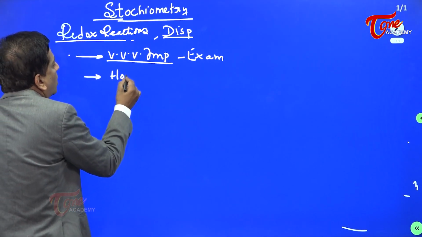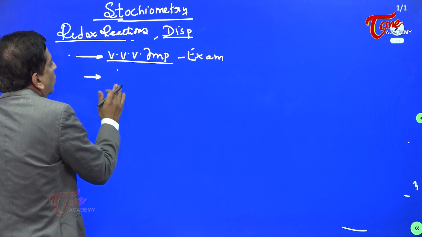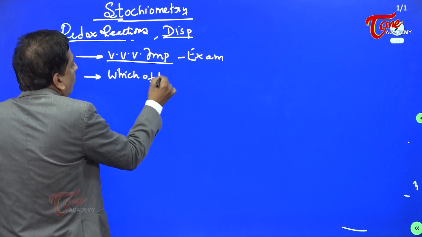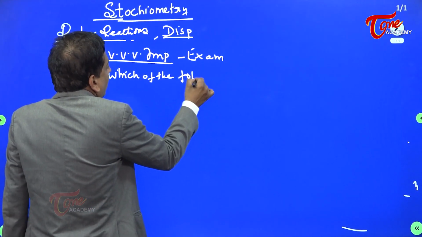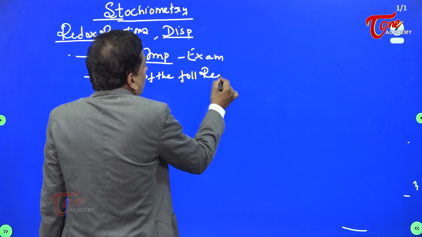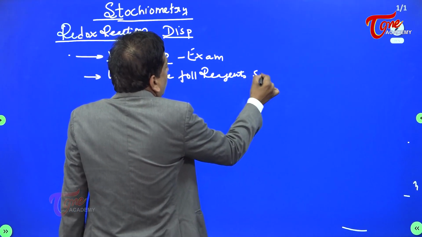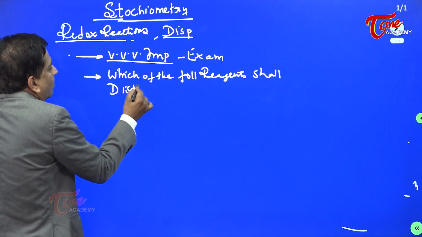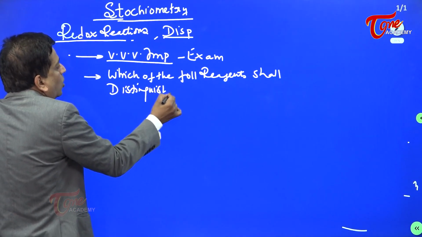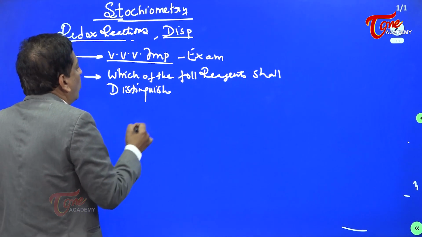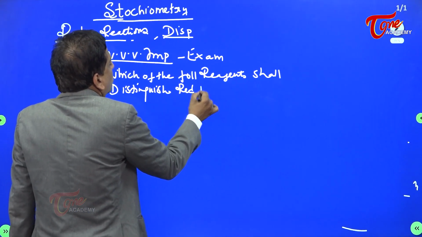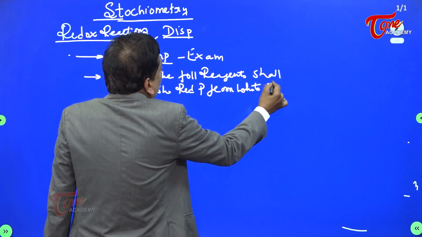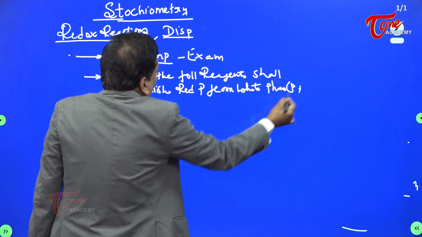He has given like this: which of the following reagents shall distinguish red phosphorus from white phosphorus?